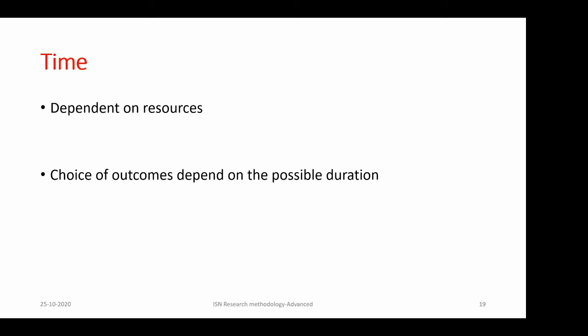So again, how much should the time duration be? You should give sufficient time for an outcome to develop. For example, if you are assessing the outcome at 3 months, probably you don't really see any realistic change in glomerular filtration rate at the end of 3 months. So you should give sufficient time for an outcome to develop and what is feasible with your resources.